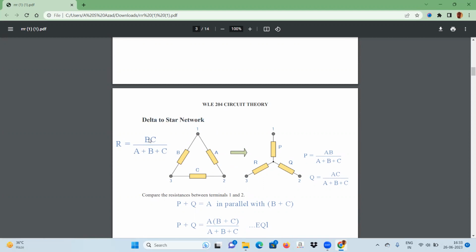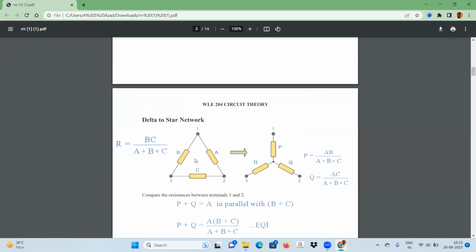Here in the delta connection there are three elements available, named A, B, C, and in the star connection also three elements are available, P, Q, R. We can change from delta to star or star to delta. Now here we are going to change the delta circuit to a star circuit. First of all, take the individual elements.